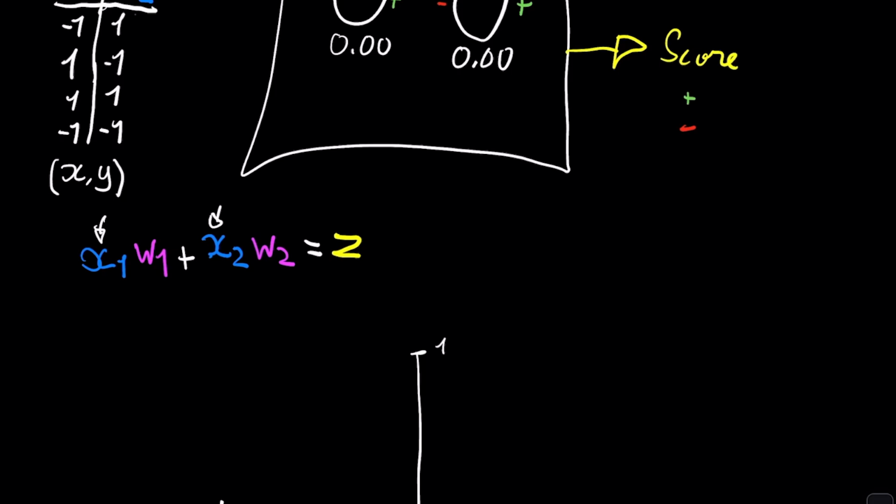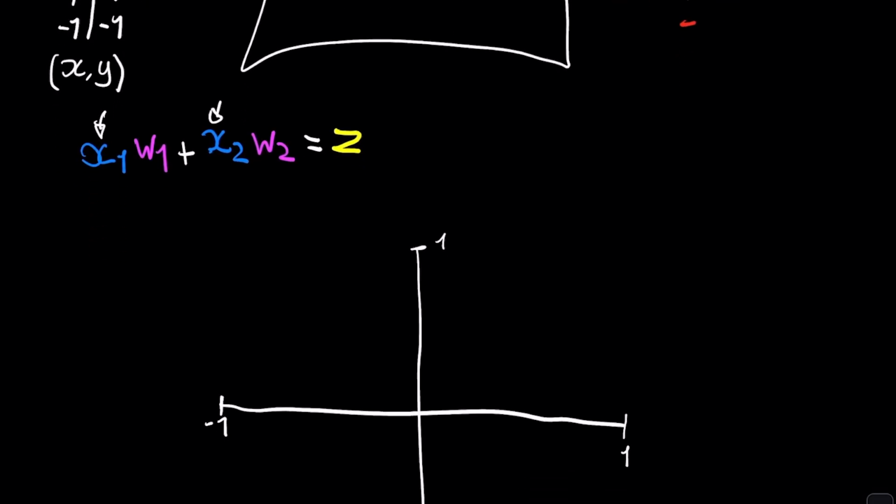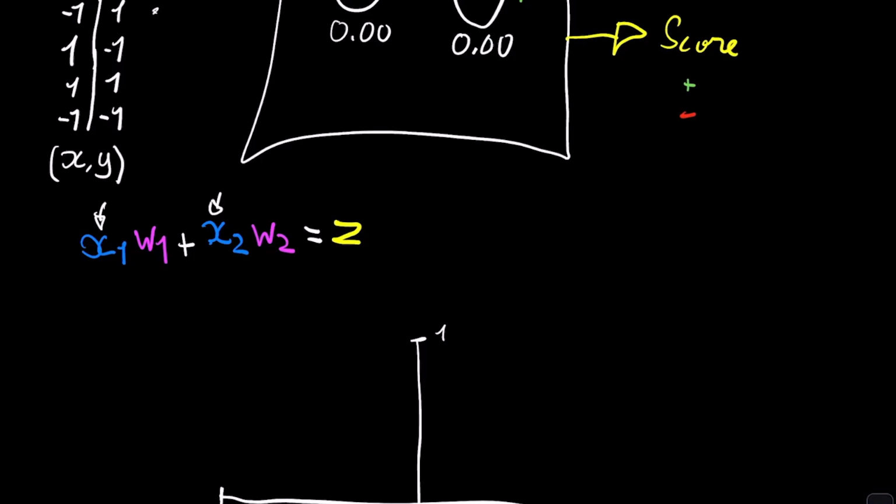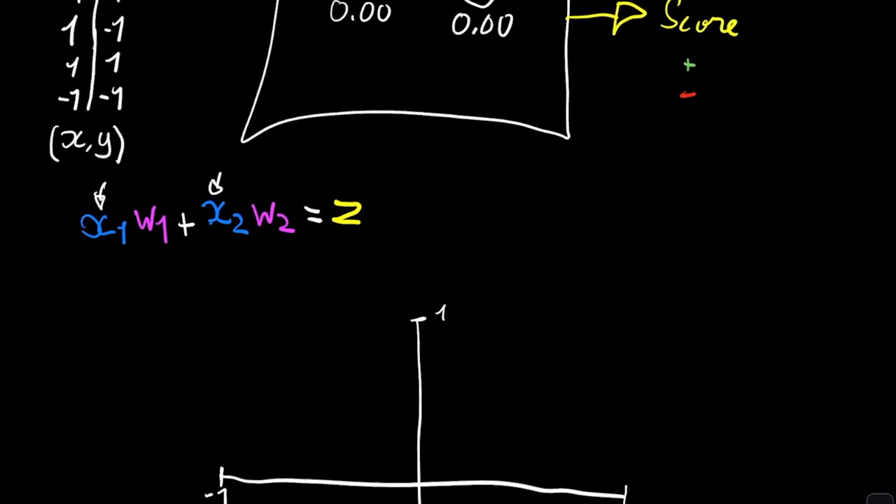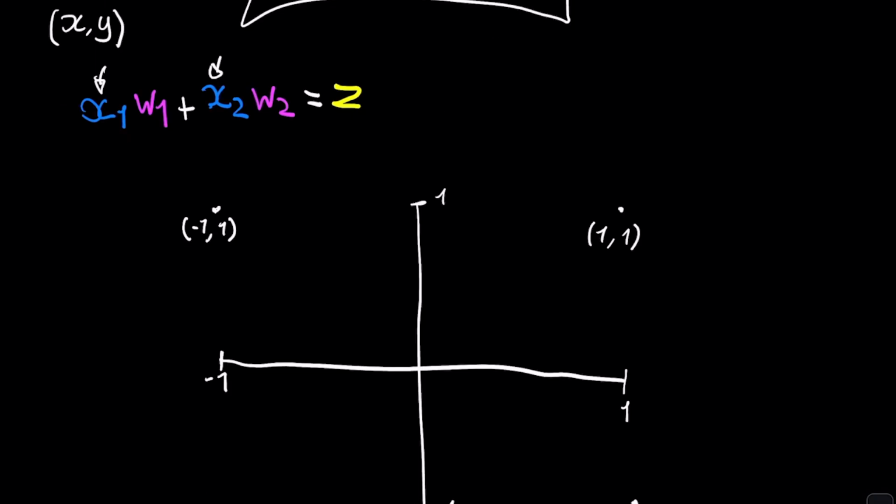So we can plot these coordinate pairs on our plane. So let's do that. This first pair would be -1 on the x-axis and +1 on the y-axis. So plot it right here and label it -1 and 1. And let's do that for all 4 points.